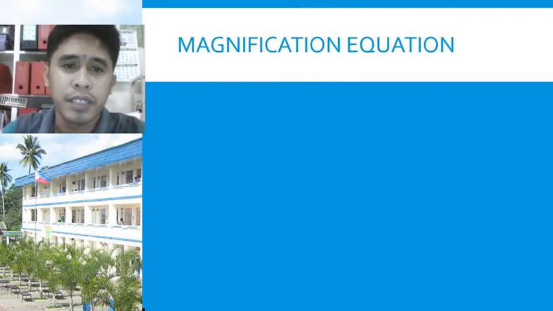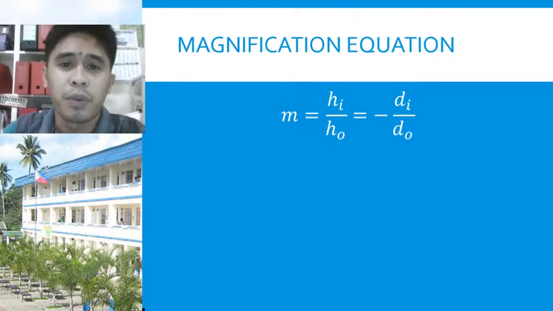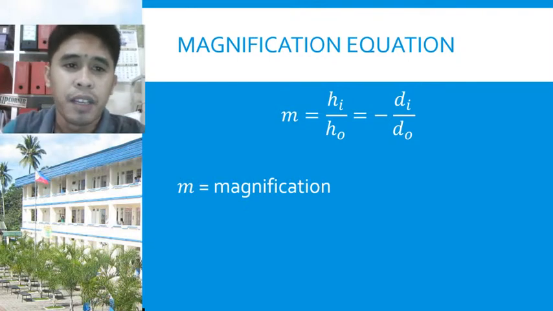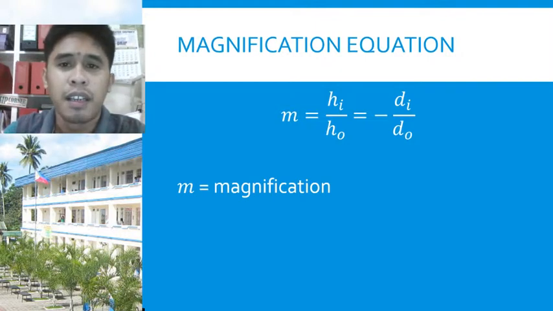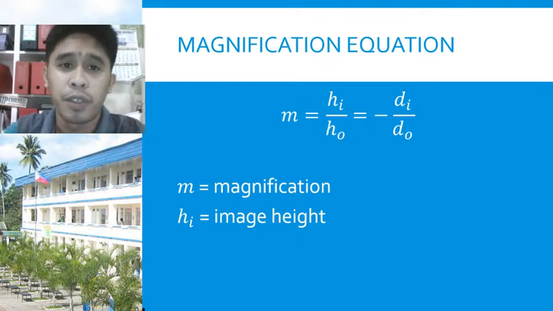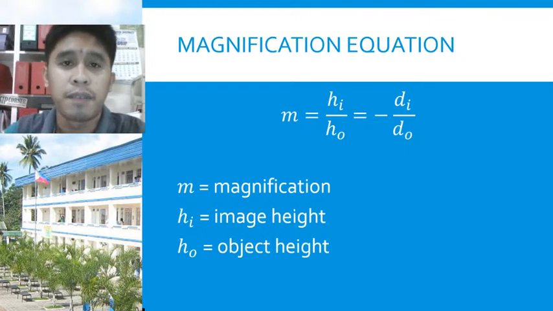The next equation is the magnification equation, which takes the form of M equals h sub I over h sub O, which equals negative d sub I over d sub O. For convenience, M stands for the magnification of the mirror or lens. h sub I stands for the height of the image formed, and h sub O stands for the height of the object.